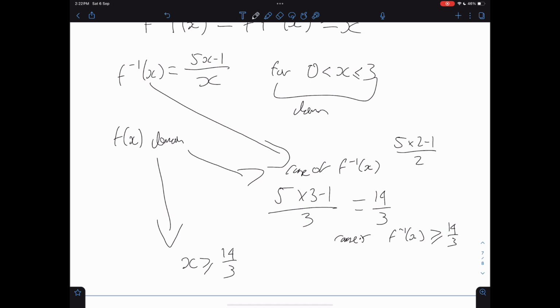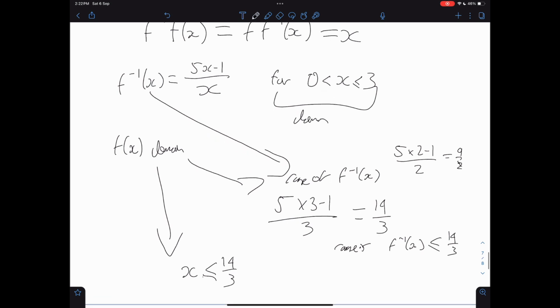That's getting smaller, sorry, I got the signs the wrong way around. That'll be smaller, and that'll be smaller. Sorry about that, but the point is the same. We're using the fact that the domain of f of x is equal to the range of f inverse of x, and the range of f of x would be the domain of f inverse of x.